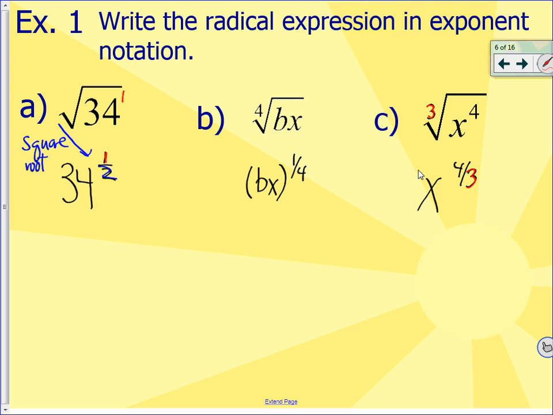And the way I remember it is roots make numbers smaller, just like dividing makes numbers smaller. So the root, which is the 3rd root, makes the number smaller, and also dividing by the 3 makes it smaller. Powers make most numbers bigger, so that goes on the top. Questions? So that's switching forms.